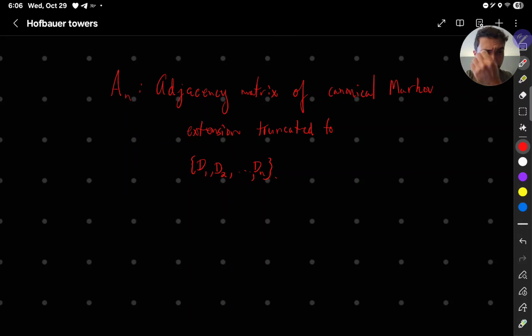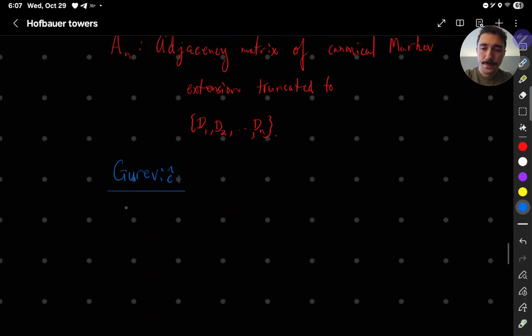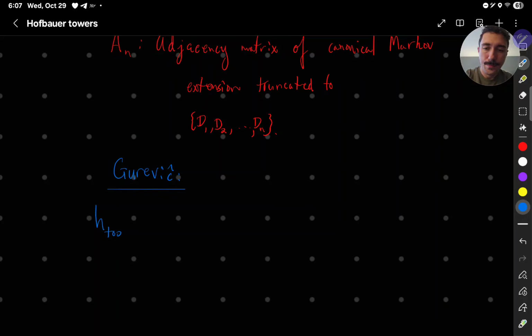The claim is, and I don't remember the error bound on this, there's a paper by Henk Bruin that says what the error bound is in the limit for large n, but the claim is Gurevich proved for these countable Markov graphs, he showed that the topological entropy, I won't say of F, he showed it for the Markov maps themselves, or for the Markov graphs themselves, but I'll say for F, just kind of hand-waving here, this is the limit, as n goes to infinity, of ln of the spectral radius of An.